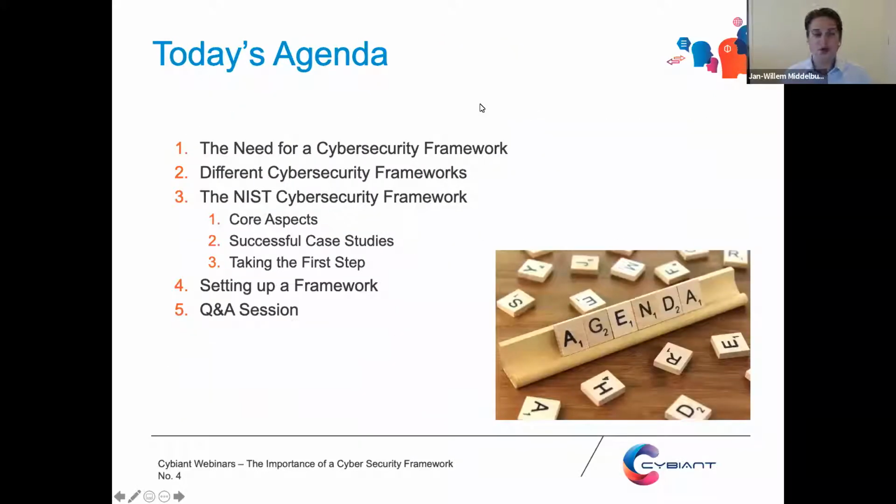So what are we going to talk about today? For today's agenda, I've compared a number of key topics that are all related to the setup of cybersecurity frameworks. We'll start today's session with reviewing the need for a cybersecurity framework and why many organizations today are starting to set one up within their enterprise IT.